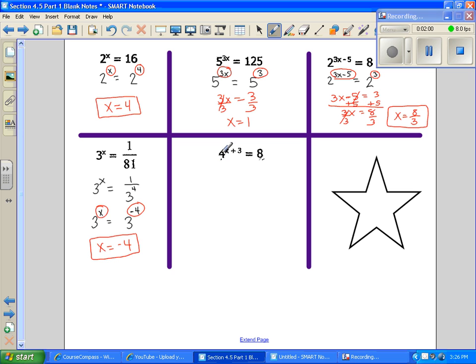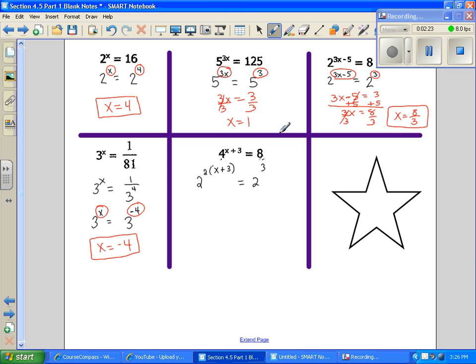Now, I can't rewrite 8 with the base of 4. And I can't rewrite any of this, 4 to the 1, so I try a smaller base. I can rewrite 4 as a base of 2, and 2 squared is 4. I can't leave this off, so I just carry it over. 8 is 2 to the 3rd power.